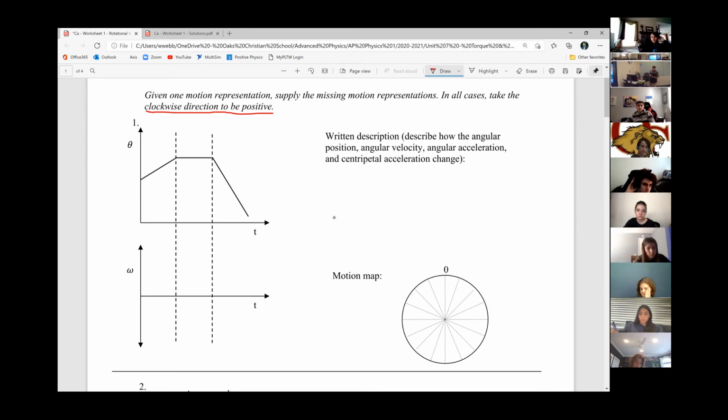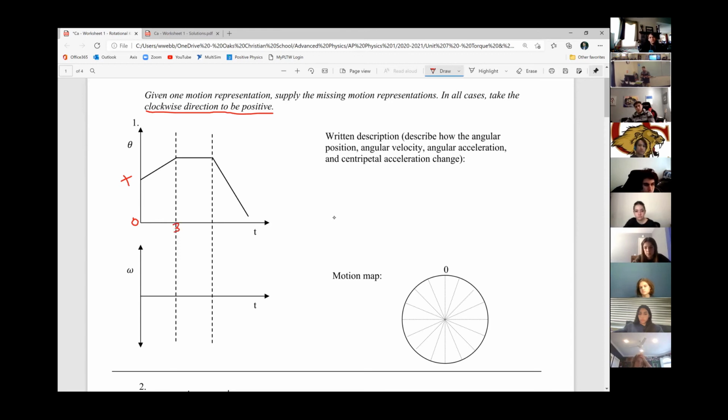All right, so if we look at this first scenario, if this is 0, if that's our 0 angle, it is starting at some positive position. And it is becoming more positive in those first few seconds. So let's just say it's 3 seconds.